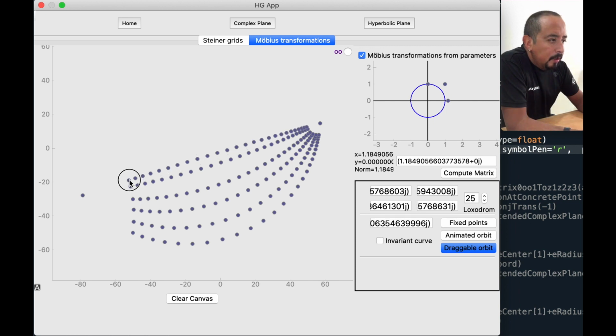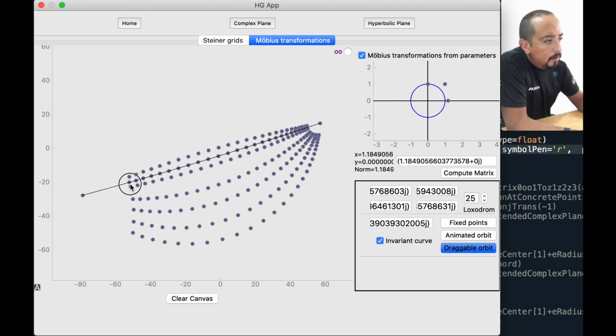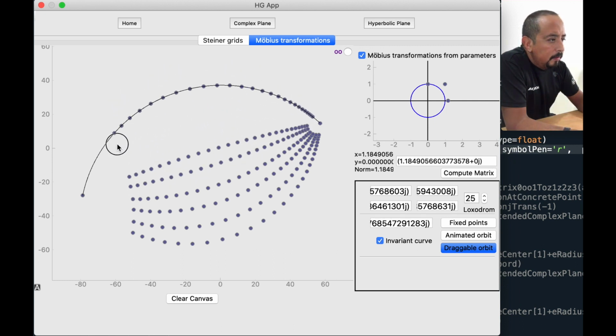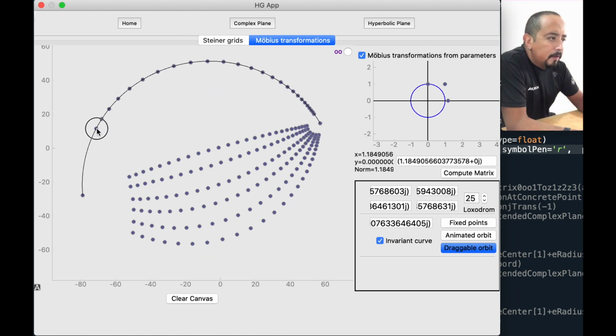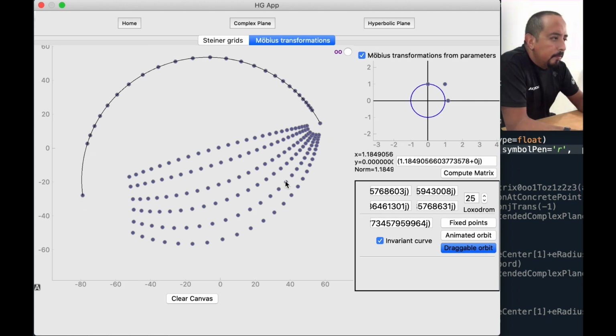If I get this point close to this point, you can see how the image gets closer. Each of these images gets closer, right? So that's something else you can also see. And now let's draw some invariant curves. And what you see there is just the segment of a common circle passing through the fixed points. That's what you're seeing there.